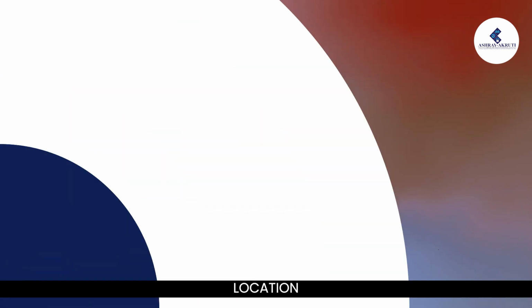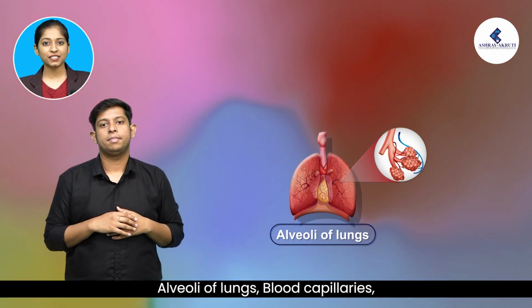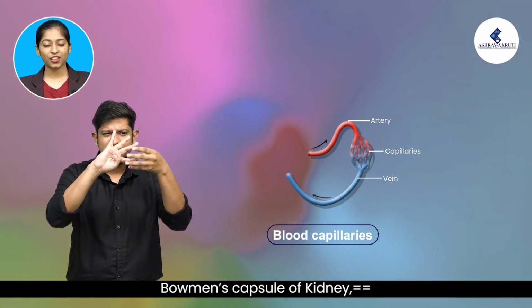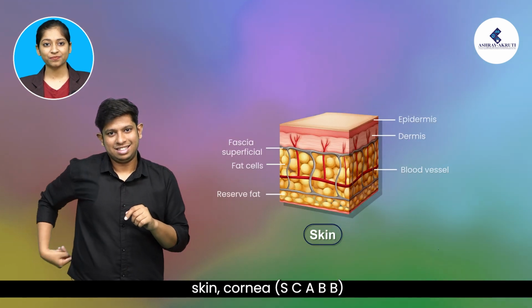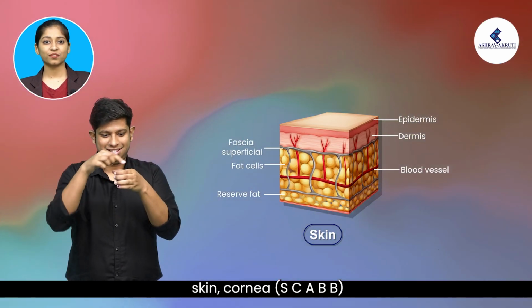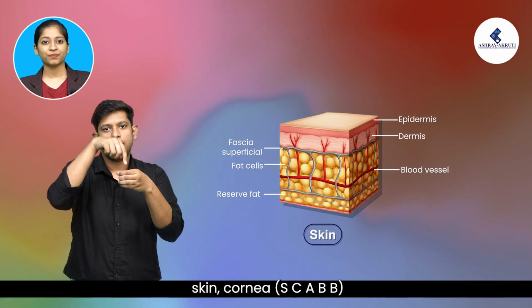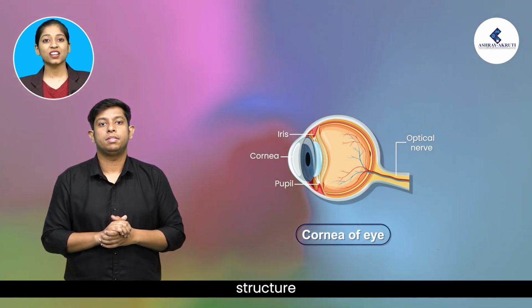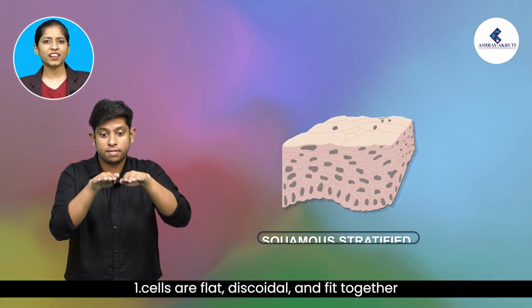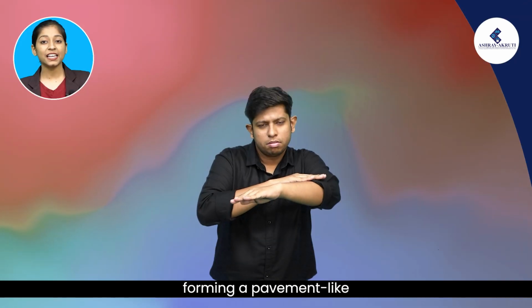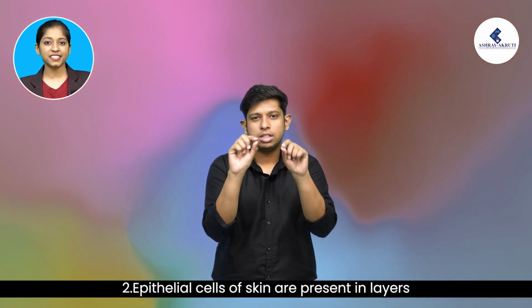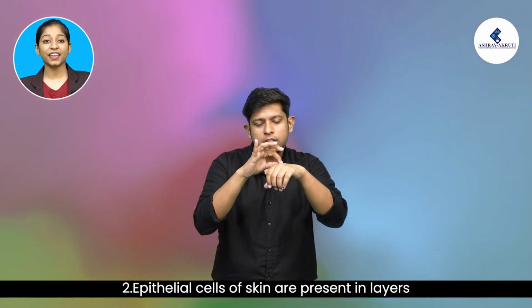Stratified squamous epithelium. Location: alveoli of lungs, blood capillaries, Bowman's capsules of kidney, skin, cornea. Structure: cells are flat, discoidal and fit together, forming a pavement-like appearance. Epithelial cells of skin are present in layers.